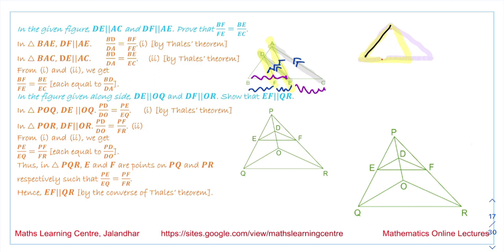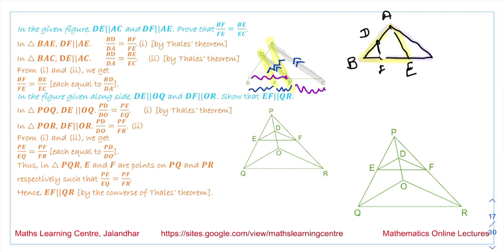So if we look at the triangle we are talking about, this is our given figure. In this, first of all, we are talking about the triangle BAE. We are talking about this triangle over here. In this triangle, we are having 2 points over here, D and F, and we have joined these 2 points.